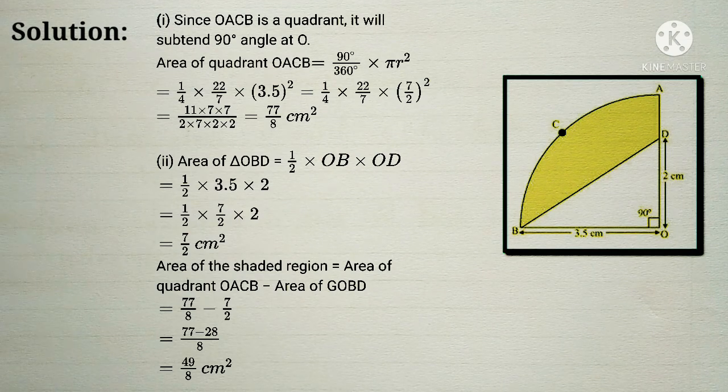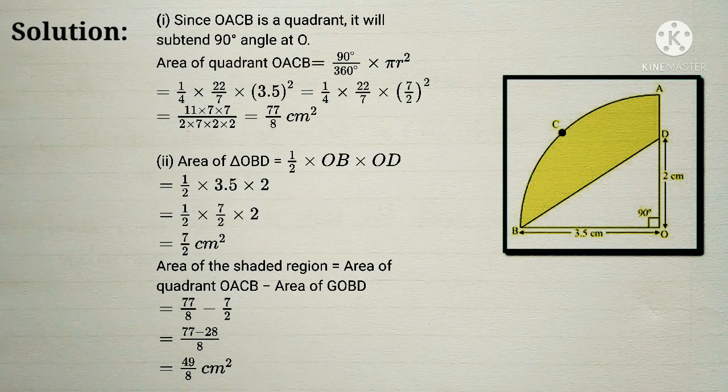So area of quadrant 77 by 8 minus 7 by 2. Now if we calculate this, finally we get the answer 49 by 8 centimeter square, which is our required answer.